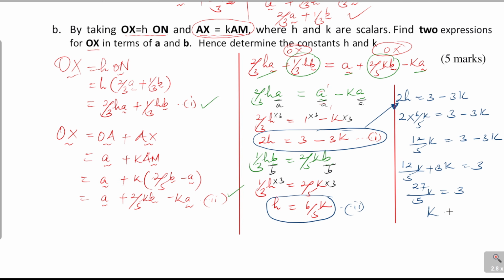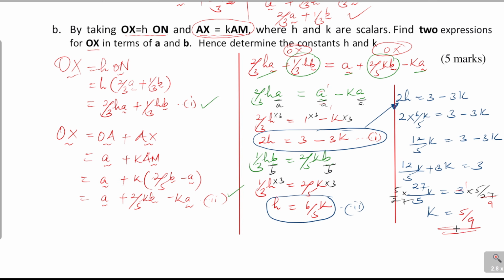So k will be given by multiplying both sides by the reciprocal of 27/5. So this will be 5 divided by 27, and this side by 5 divided by 27. When you multiply both sides, 3 into 3 once, 3 into 27 is 9. So this will give 5 divided by 9.